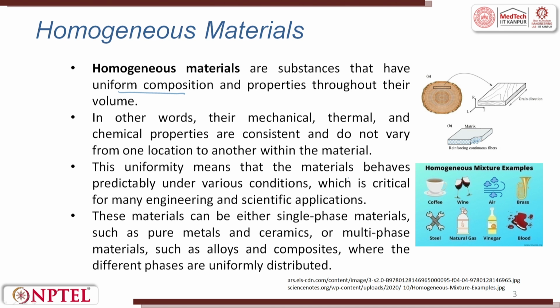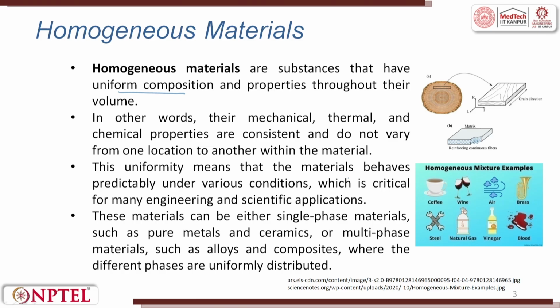Homogeneous material is possible for an idealistic case, but in real time when we want to put it into good use, the material will have different compositions and different reinforcement. This uniformity means that the material behaves predictably under various conditions, which is very critical for any engineering and scientific application.